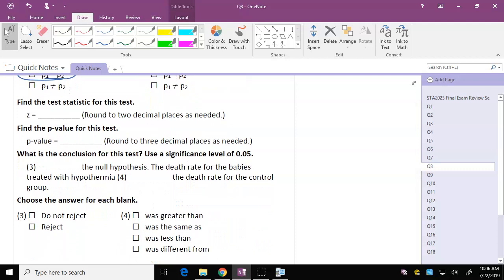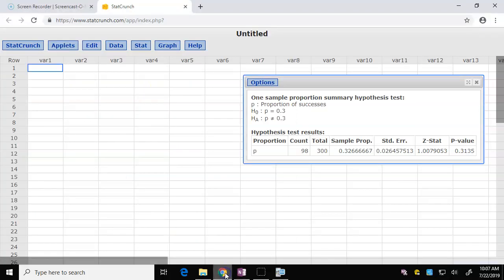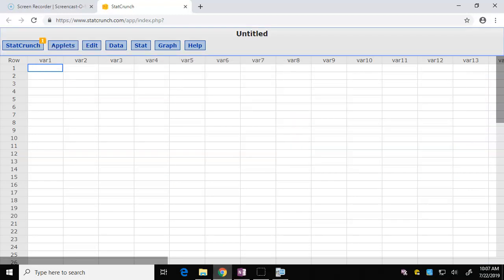All right, so now it says find the test statistic for this, the z-score. How are we going to do that? How are we going to find that z-score and then that p-value? StatCrunch, right? Let's go up into StatCrunch.